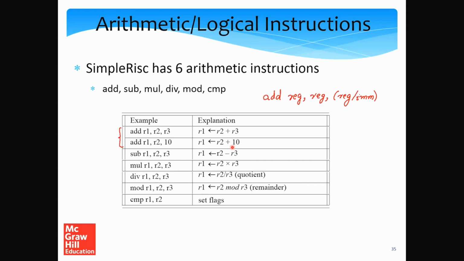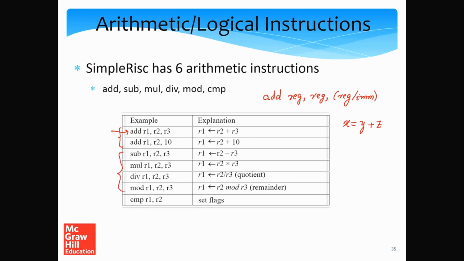So this is the simple add instruction, which has a nice analog with traditional programming languages, where if you write a C function of the form x equals y plus z, we can directly translate it to an assembly instruction of this form. Fine. So after the addition instruction, the rest 4 instructions, sub, mul, div and mod, have exactly the same format. So I have not shown the immediate values over here, but I'll explain with examples.